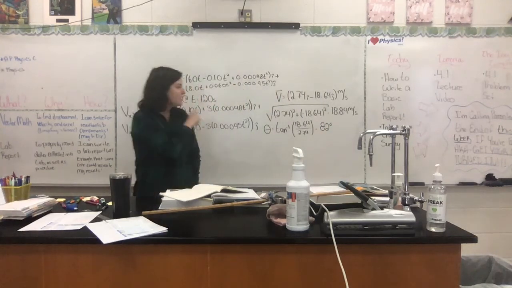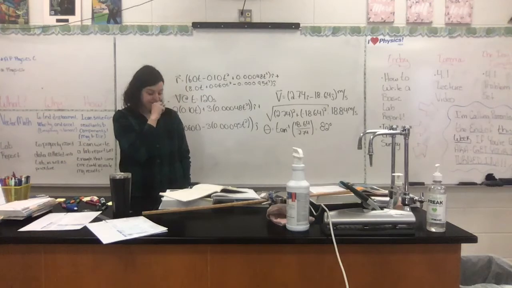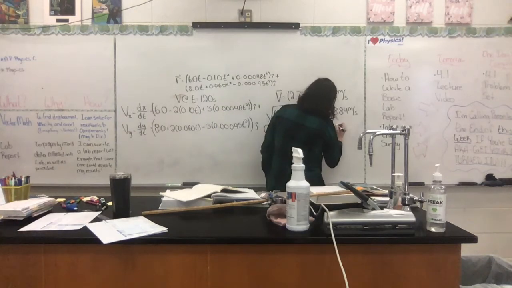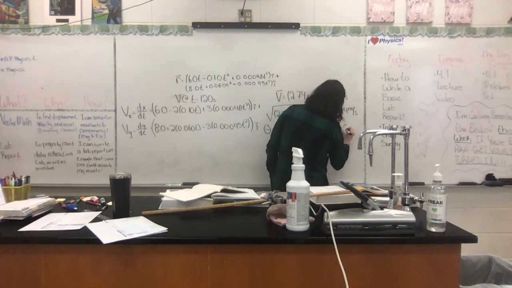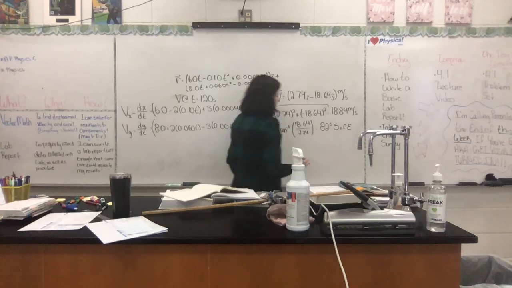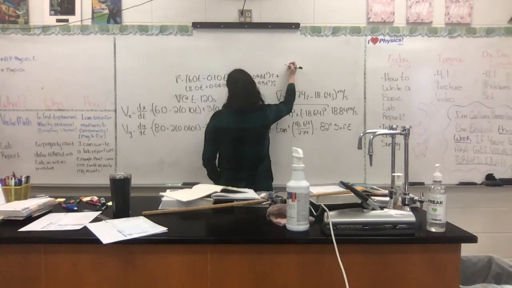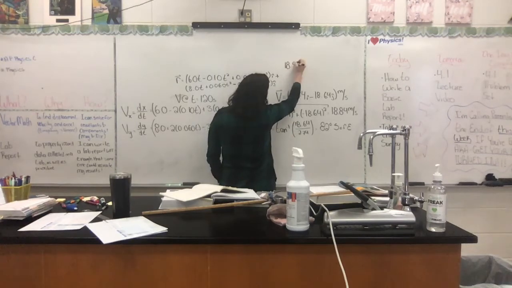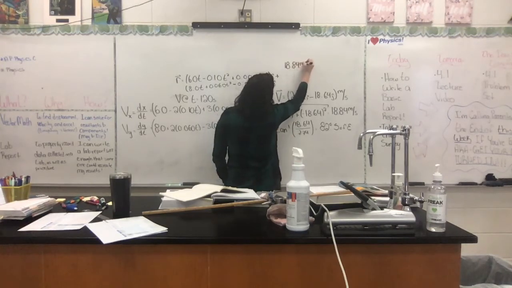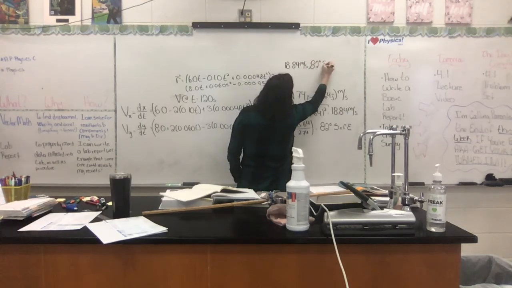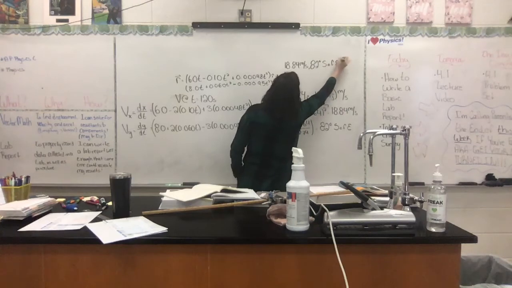And from looking at this where it has a positive x and a negative y, we know that this is going to be 82 degrees south of east, okay? So overall, our velocity is 18.84 meters per second, 82 degrees south of east.